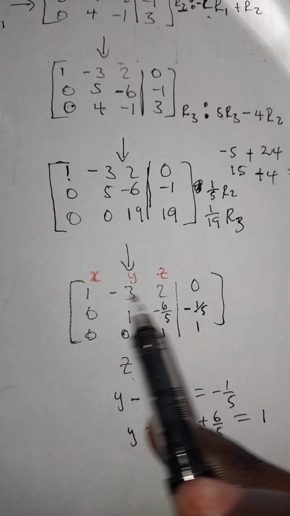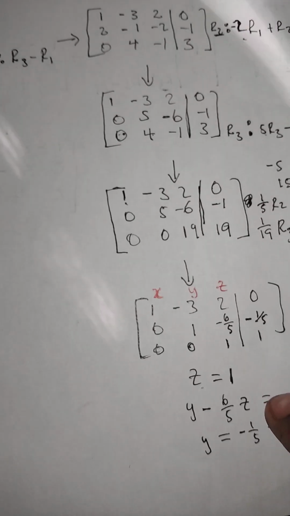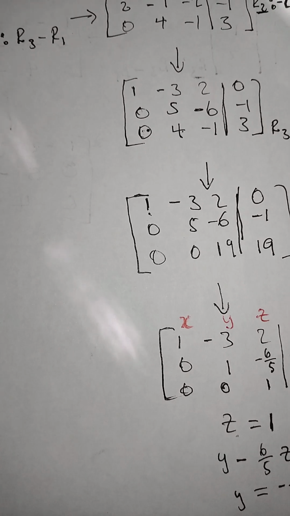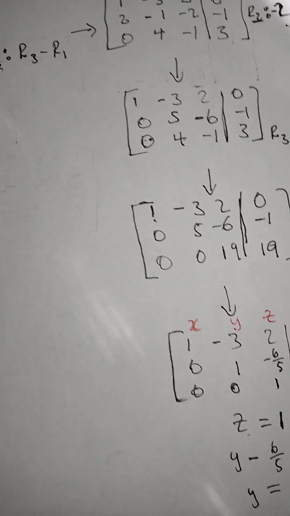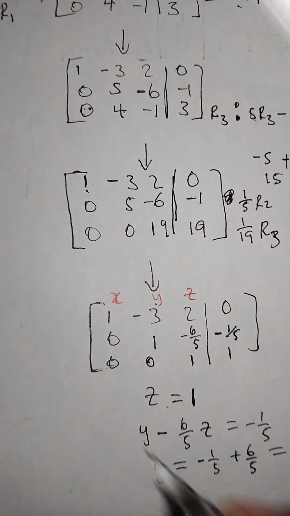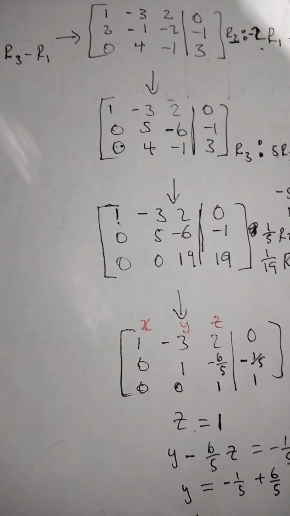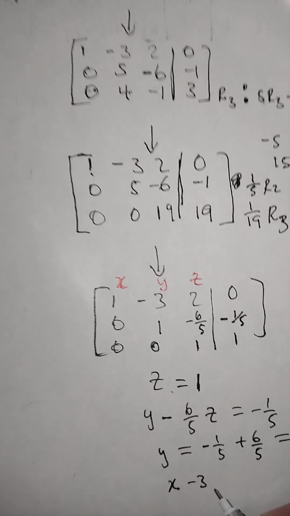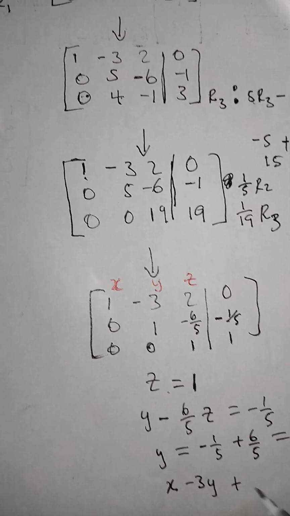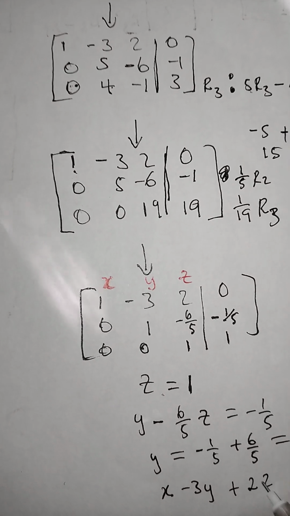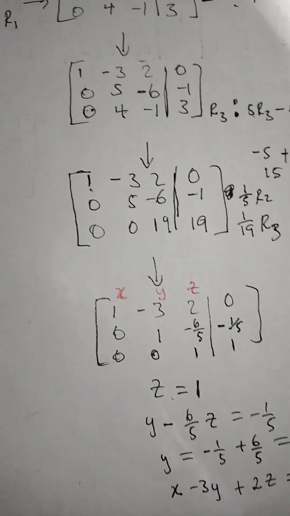Now we can use this equation and ask, what is going to be the value of x? It's the first row: x minus 3y plus 2z equals 0.